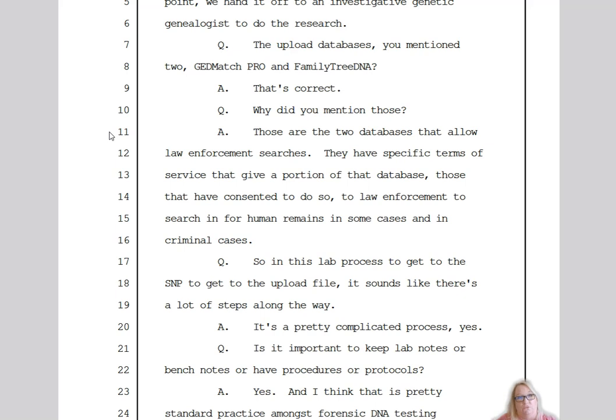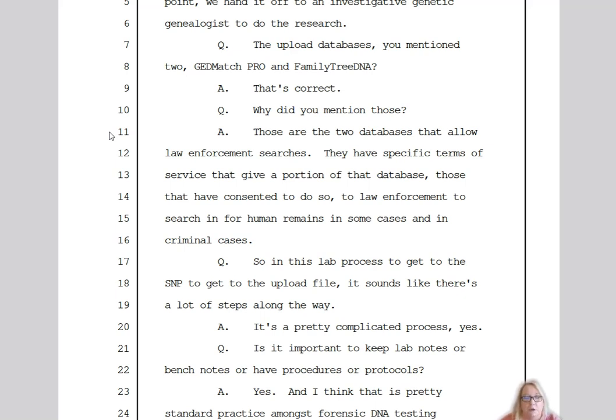You don't need two for that particular moment, right? So they're going to pull the SNPs, the sections only that they need for genetic genealogy. They don't need the rest of the stuff that goes in the closet or is going to be used tomorrow or whatever for something else. They're only going to take the pieces that they need for genetic genealogy.